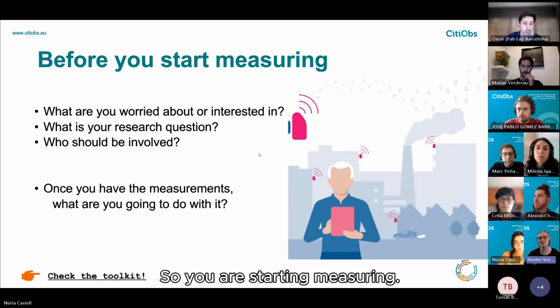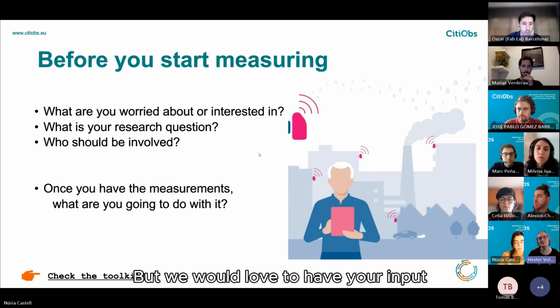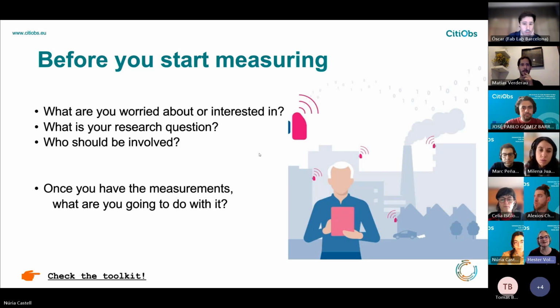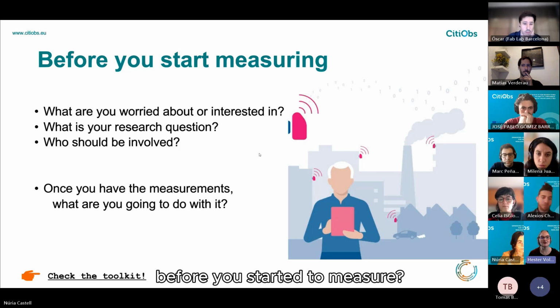You are starting to measure and you think, oh, perhaps I should have involved other people. But we would love to have your input on how this part of the project went for you. What were the things that you considered before you started to measure? So next one.